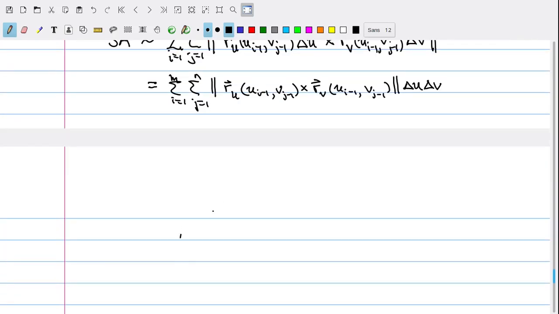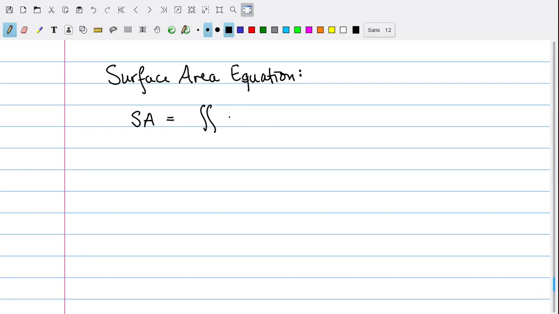This should look really familiar from back when we were doing these double integrals. In particular, as I take the limit as m goes to infinity and n goes to infinity, so I'm taking the limit as I use more and more quilt patches, the sums are going to become integral signs, and the delta u is going to become a du, and the delta v is going to become a dv. So the surface area will be the double integral of the magnitude of r sub u crossed with r sub v, du dv.